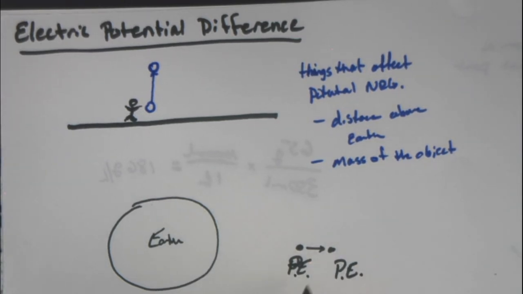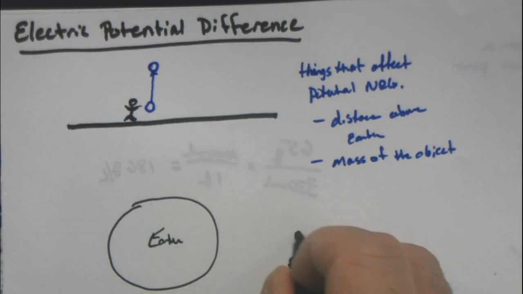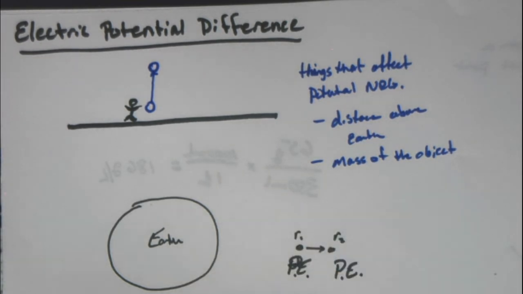So our change in potential energy, we'll call this R1 and R2, would be this amount, our PE at R2 minus our PE at R1. It's our final minus our initial, right?